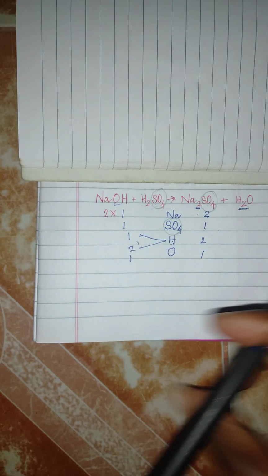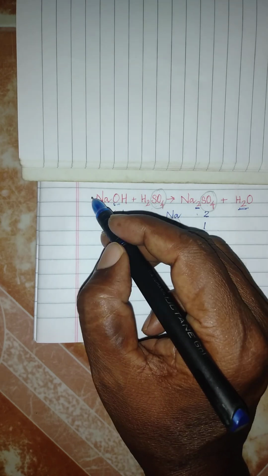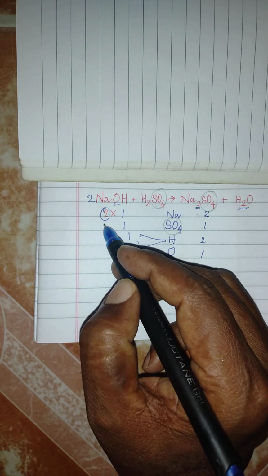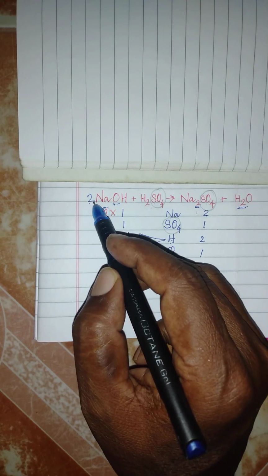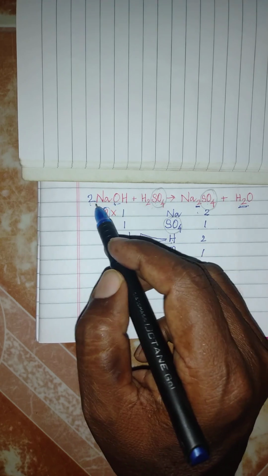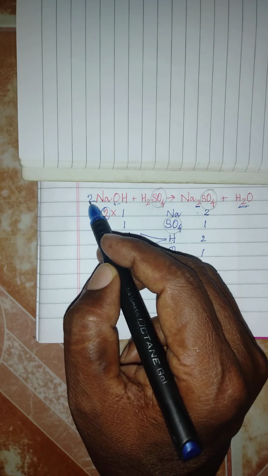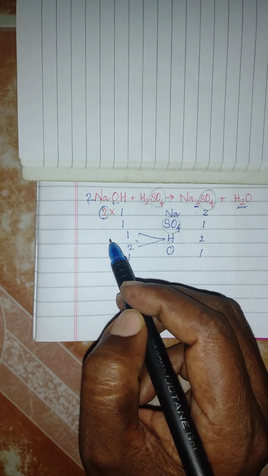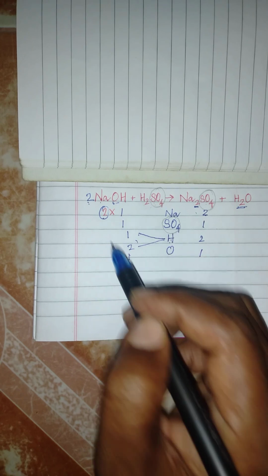This 2 we need to write as a coefficient of sodium hydroxide, before the sodium hydroxide formula. When we write this, the 2 belongs to sodium, oxygen as well as hydrogen.